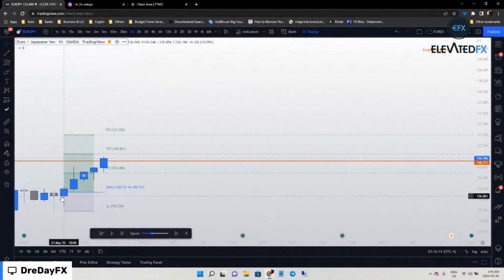I put it at the previous candle open, at the start of the price here. So the stop loss is really tight. Why? Because I want to make sure that if it hits my stop loss, I'm not going to lose a lot on my account.